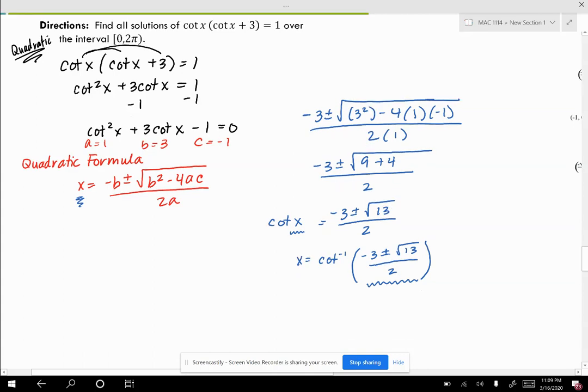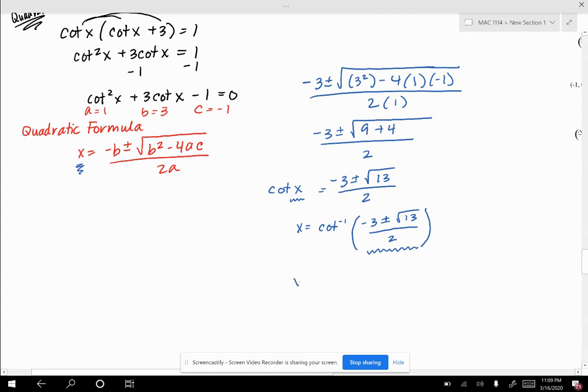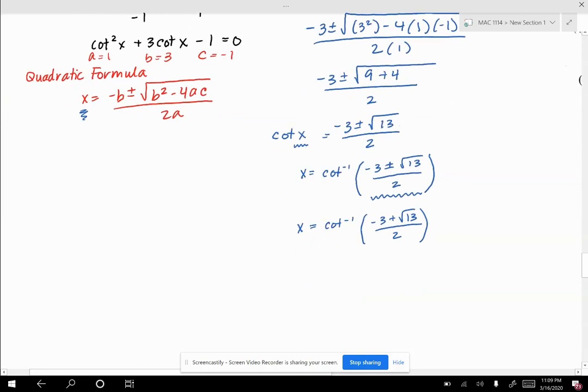So I'm going to plug them into the calculator individually. So I have two answers. One is going to be inverse cotangent of -3 plus square root of 13 over 2, and the other one is inverse cotangent of -3 minus square root of 13 over 2.